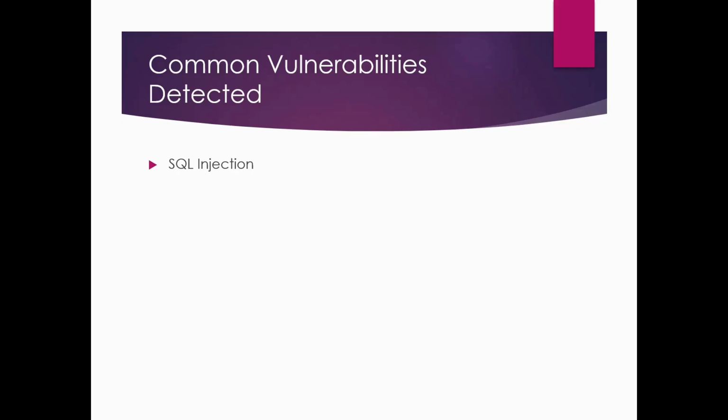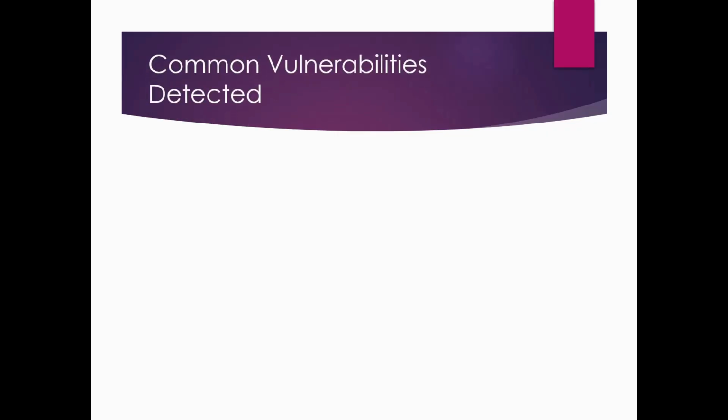Okay, so we will continue with our PPT. Let's go over the kinds of vulnerabilities Burp Suite helps to identify. SQL injection: when user input is inserted into SQL queries unsafely, it might lead to SQL injection.